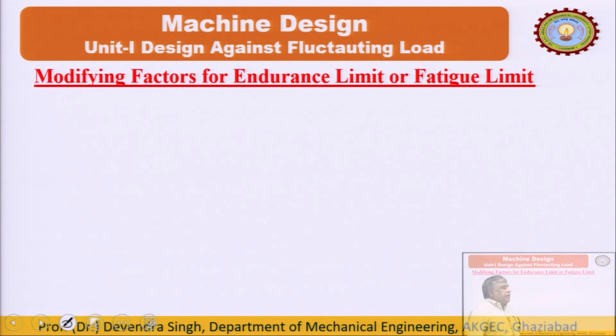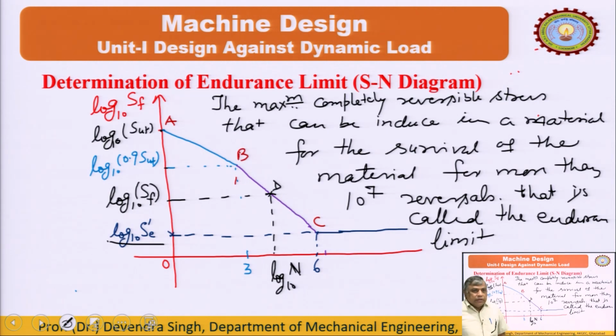Now, the modifying factors, that is S prime E in the last, this S prime E. S prime E is the endurance limit of a specimen. So, this is determined in controlled atmosphere, that is the value of the lab experiment.